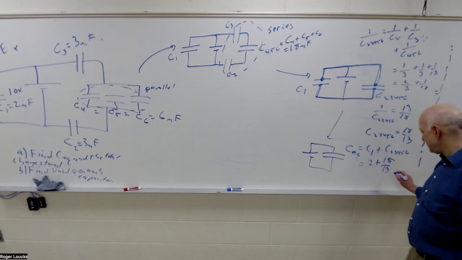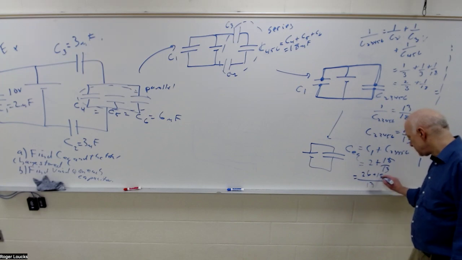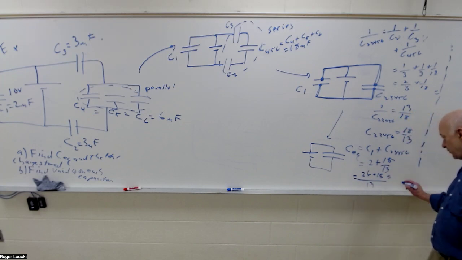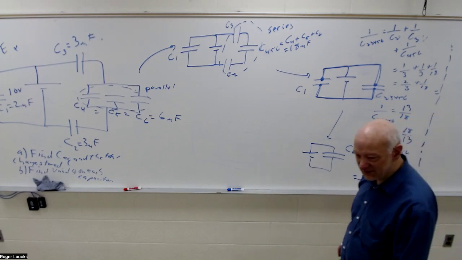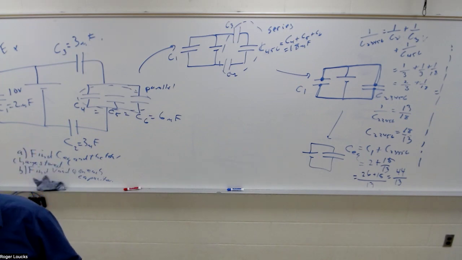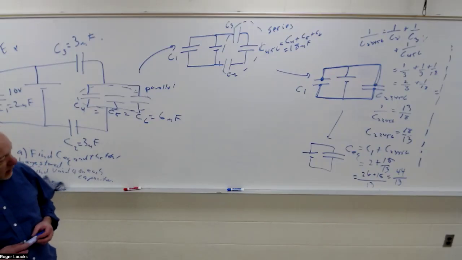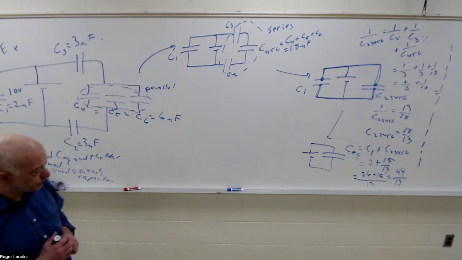So this is going to be 26 plus 18 over 13, or the wonderful 44 over 13. Again, I will work something out to make certain you don't get something utterly stupid like that. Does that make sense? So that's our equivalent capacitance here.